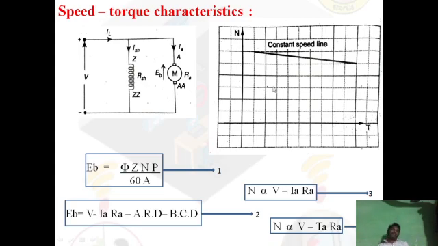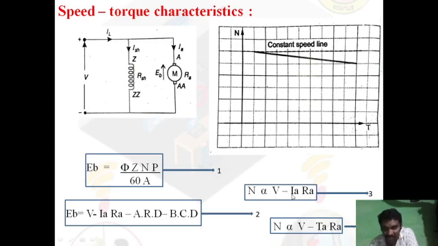Again, in order to discuss these characteristics, we need to establish a relationship between speed and torque. The same equations from the previous characteristics can be considered. Equation 1: Eb is equal to ΦZNP by 60A. Again, Eb is equal to V minus IaRa, and equation 3 says speed is directly proportional to V minus IaRa.